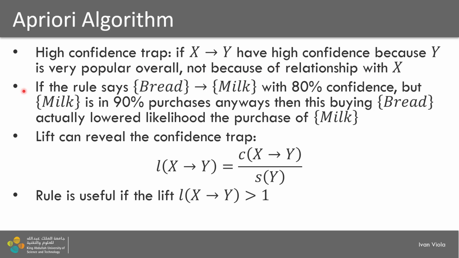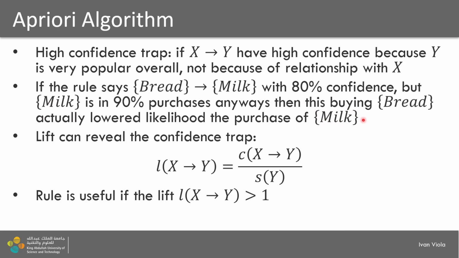So for example, if we have a rule that says that bread implies milk with 80% confidence, but milk is already in 90% of purchases anyways, then actually buying bread lowers the likelihood of purchase of milk.